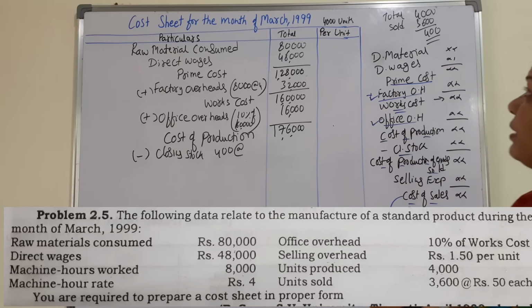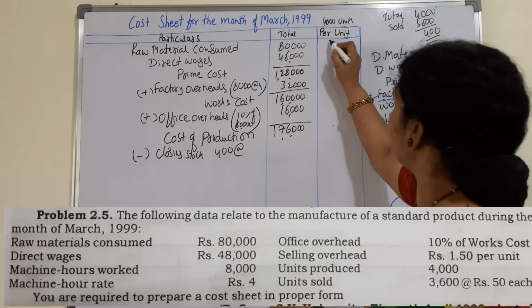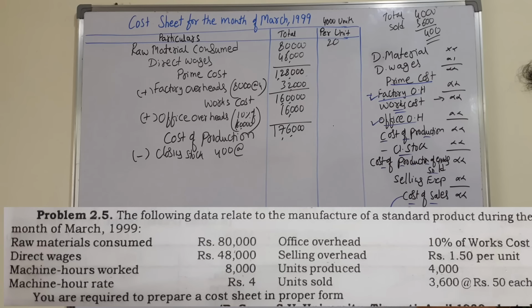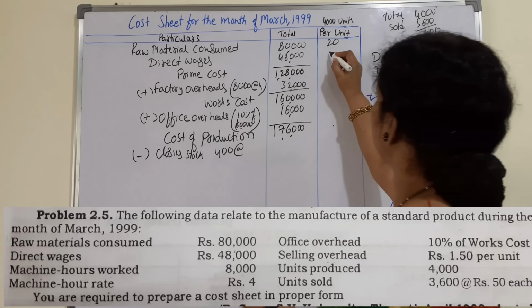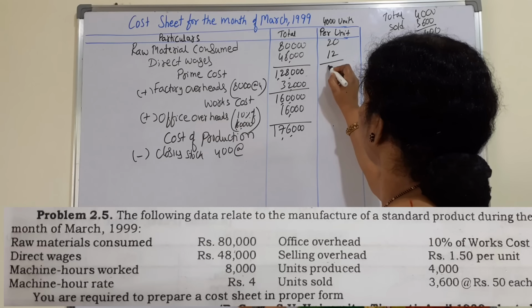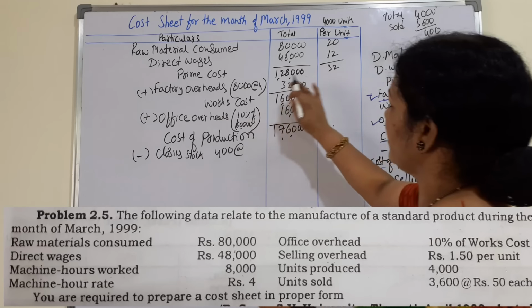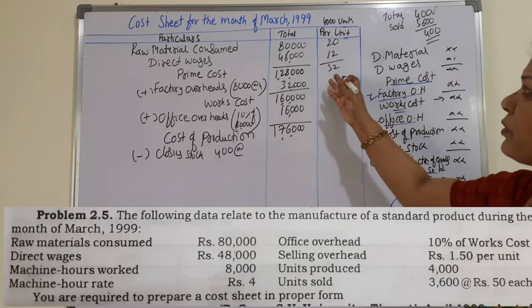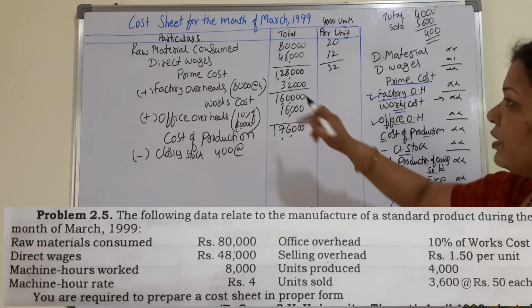So let us do it fast. 80,000 divided by 4,000 is 20, and 48,000 divided by 4,000 is 12. So if you add, we will be getting 32. Even if you do 1,28,000 divided by 4,000, you will be getting 32 only.